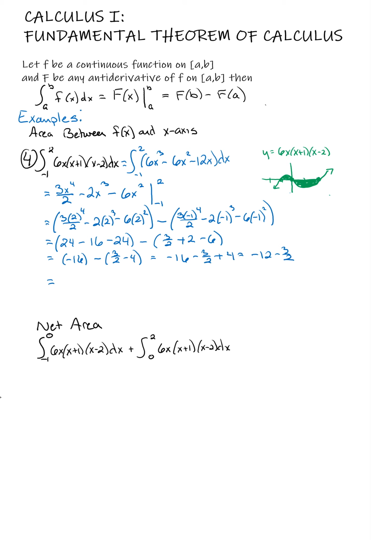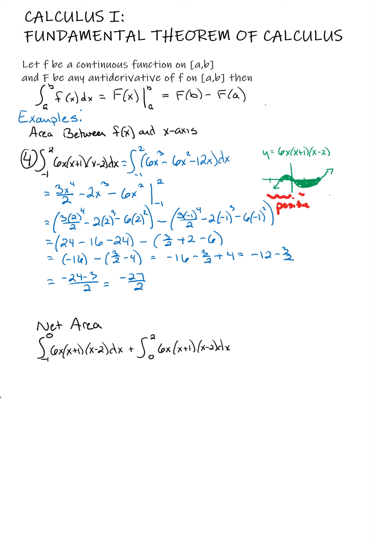So let's see, we end up getting a common denominator, negative 27 over 2. And yeah, we can leave it as an improper fraction, that's fine. But this is supposed to be an area, and it's a negative area. Does that make sense? Well, if we look at what's going on over here, from negative 1 to 0, this is a positive.